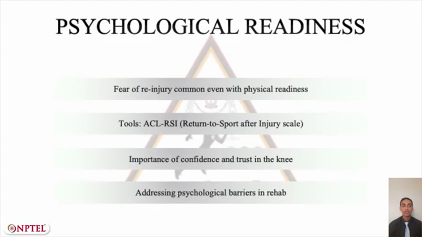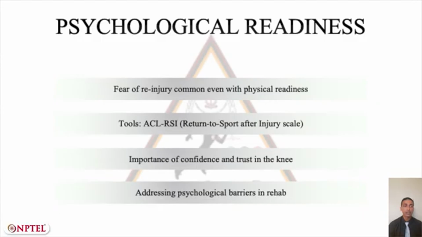Items assess emotions, confidence, and risk appraisal related to return to sport. The primary purpose of the scale is to evaluate the psychological readiness of athletes following ACL reconstruction before the athletes return to sport.